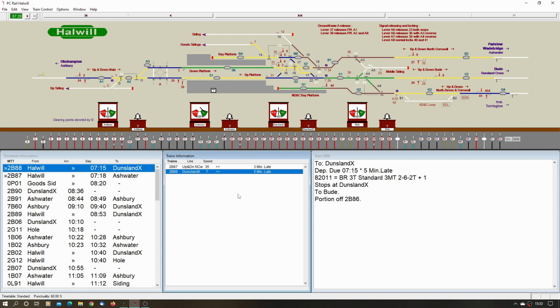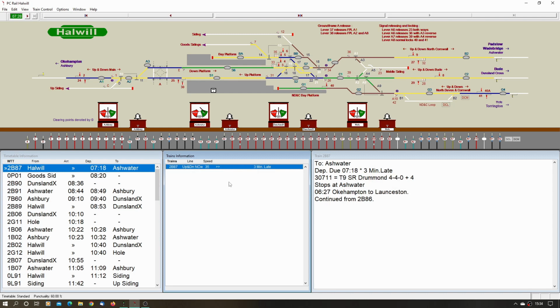Probably if we're crossing trains, I think it might be more information for us if we've got a train waiting there to come here. It's dropped another minute as well. Yeah, it just disappeared off, so the next one we've got is out of section from Ashwater.